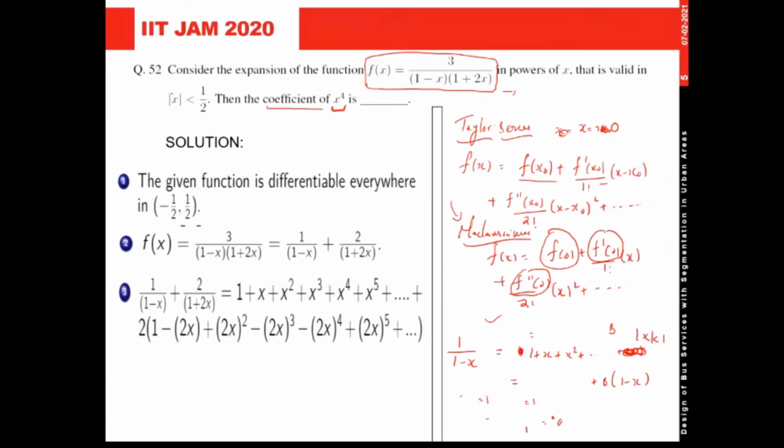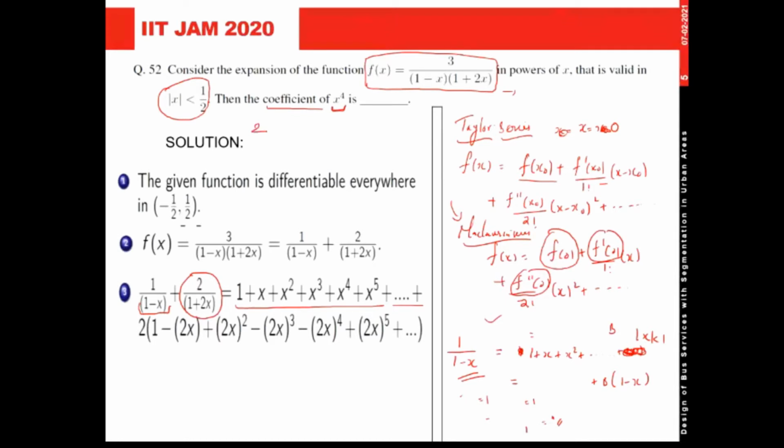Here our x is always less than 1 by 2, so this is valid here. So I can rewrite this in the form 1 plus x plus x square plus x cube plus x raised to 4 plus etc.